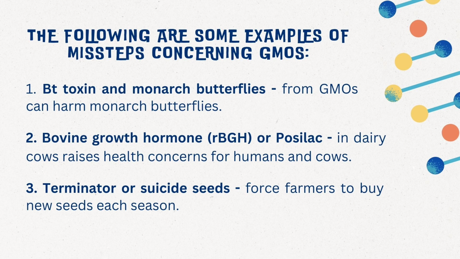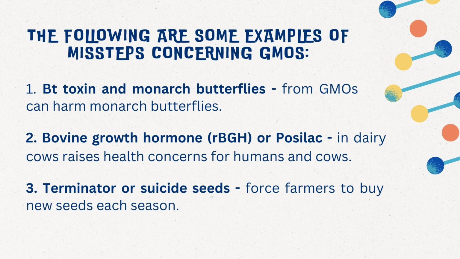Terminator or suicide seeds. The American agrochemical and agricultural biotechnology company Monsanto patented a technology that creates sterile seeds to protect its patented synthetic genes, called Terminator technology by the media.